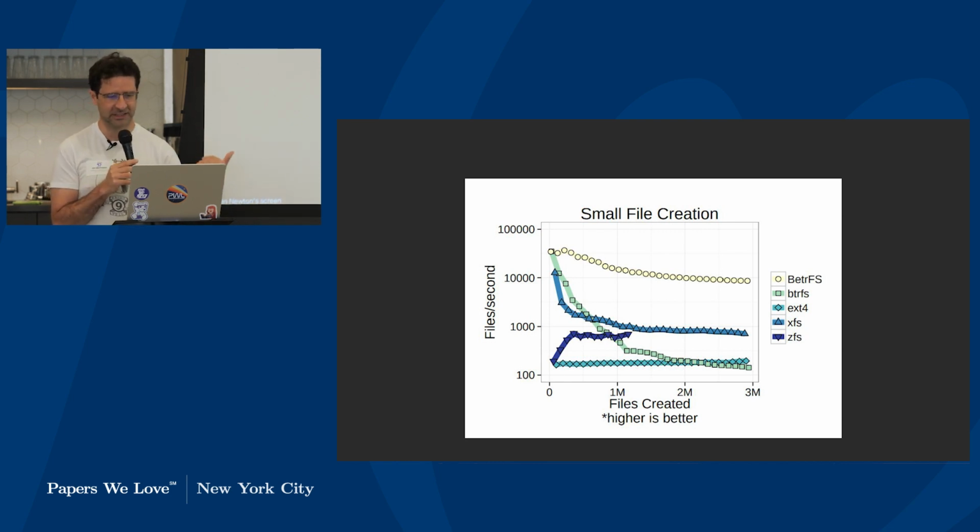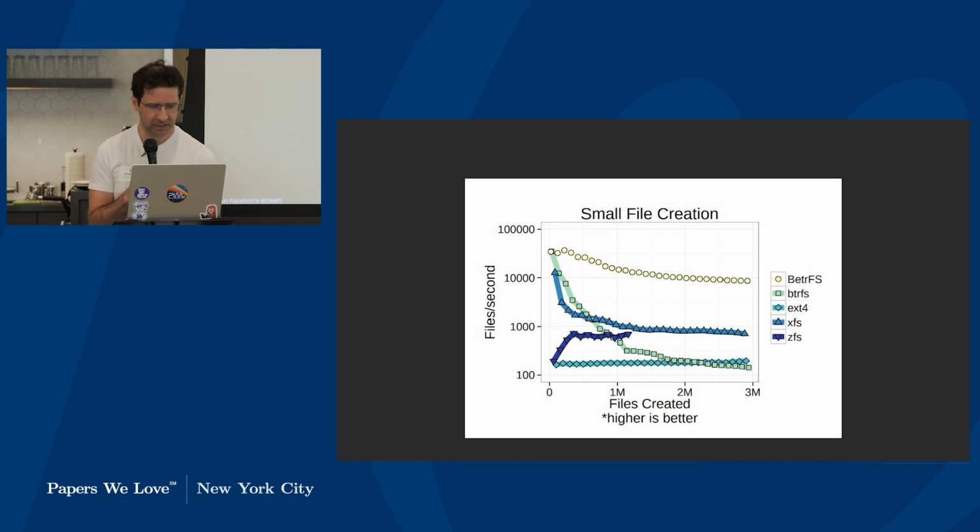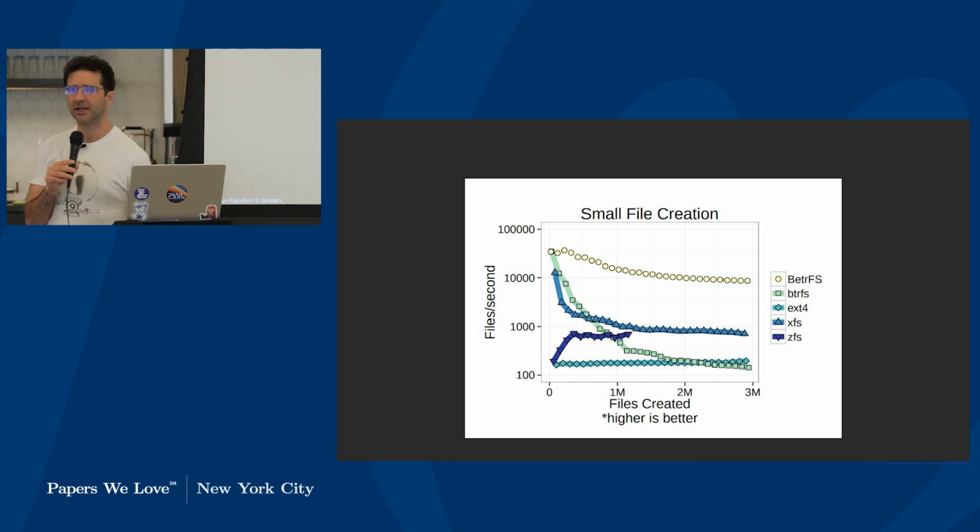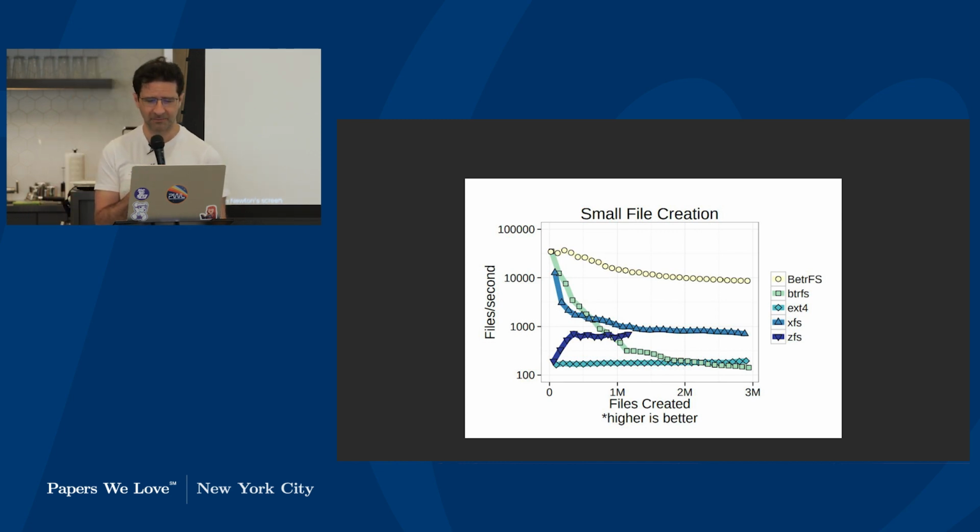And BetterFS does, what is it, an order of magnitude better than the comparison XFS, their closest competitor, and almost 2 orders of magnitude better than ext4. Although that's a really small number for ext4, so this is probably on slow spinning rust. And according to them, ZFS crashed halfway through the test.